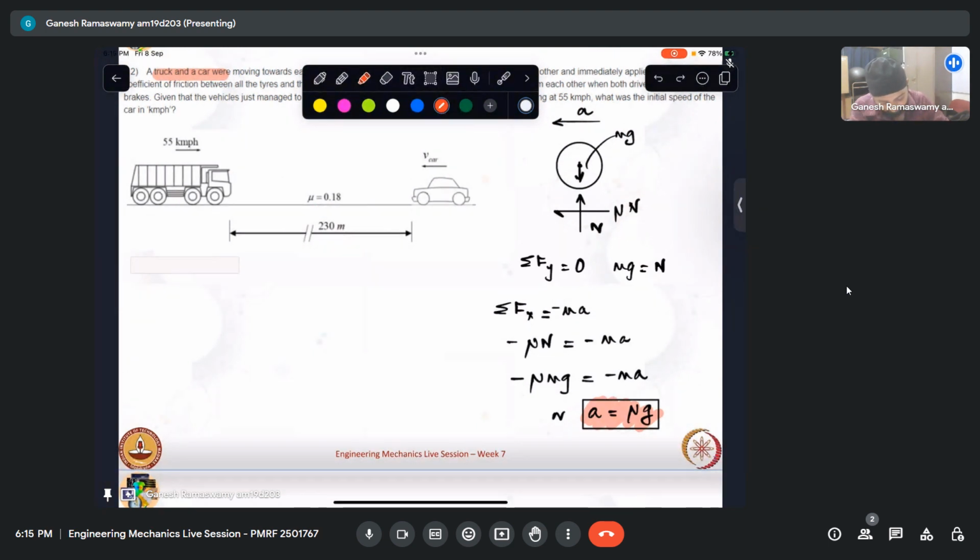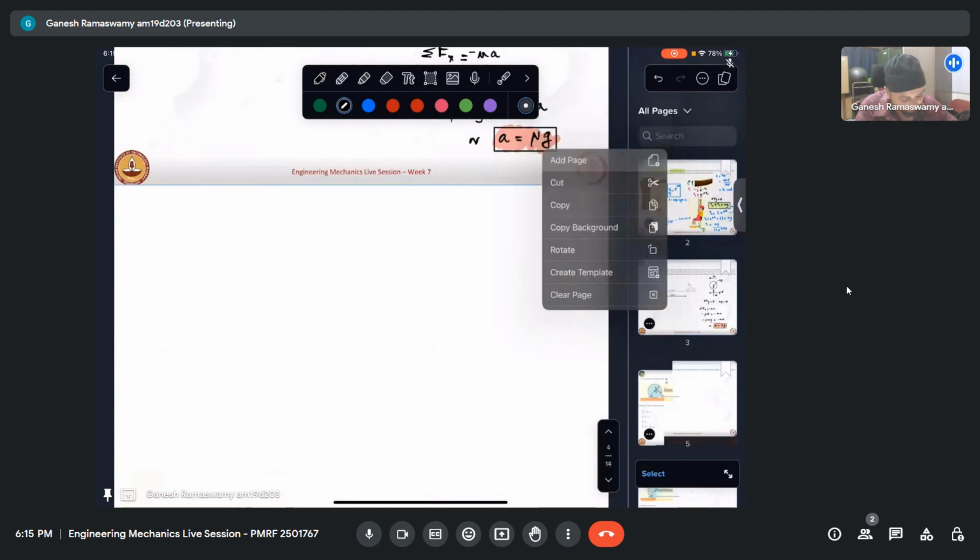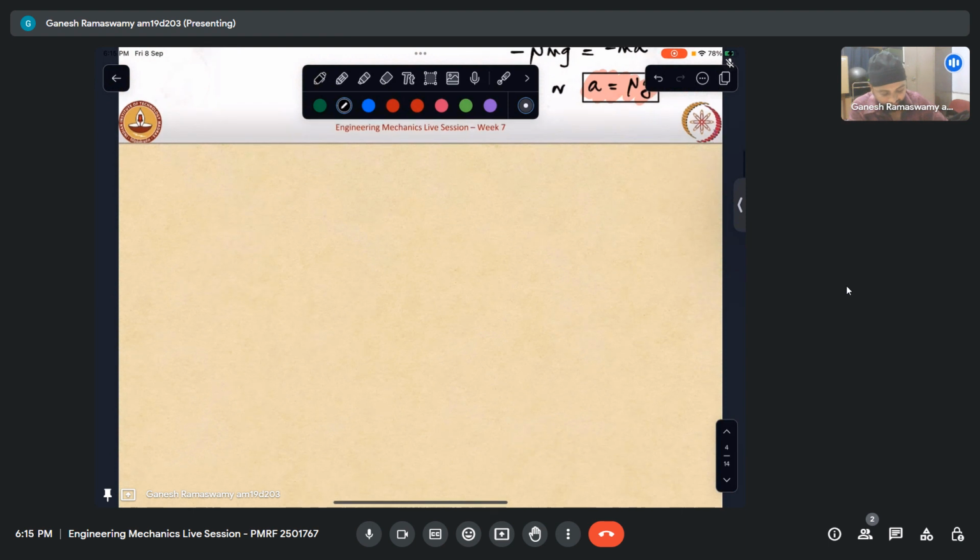So for this vehicle, we know what is the distance traveled. When there is a constant deceleration of mu g, we know what is the distance traveled. Now we can get this from, in fact, let us first derive the equations of motion here. Okay. So essentially what happens when there is a constant acceleration is what we are trying to see here.